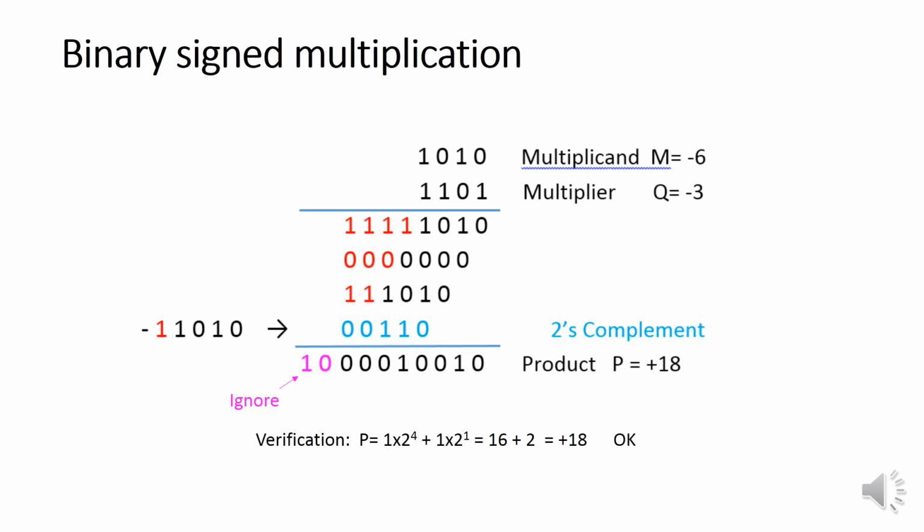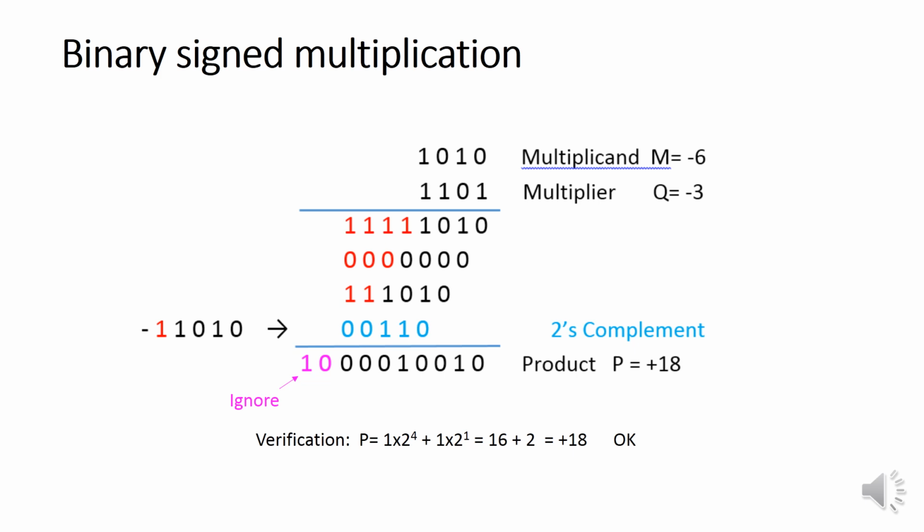In this case, when the multiplier is negative, we will find that using the same method as in the previous example, we don't get the correct result. Why? Because in this last partial product, we need to do a change. This change is to take into account that the multiplier is also negative.